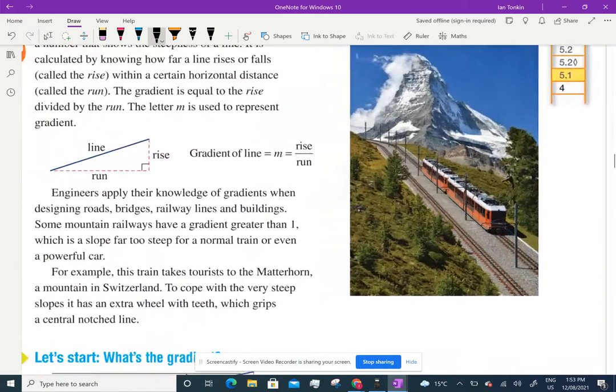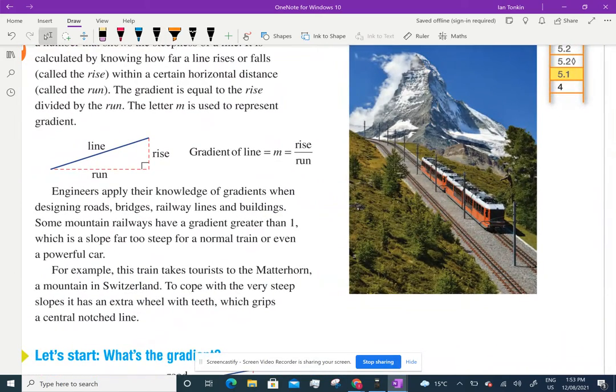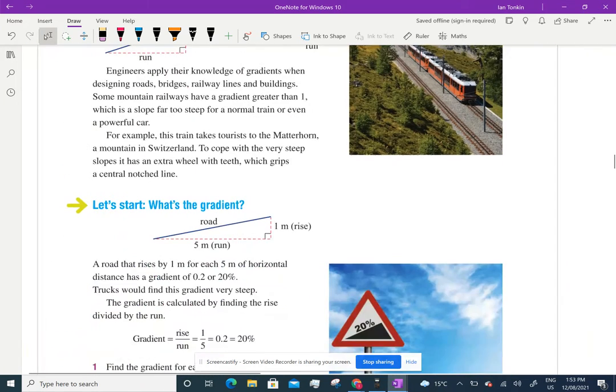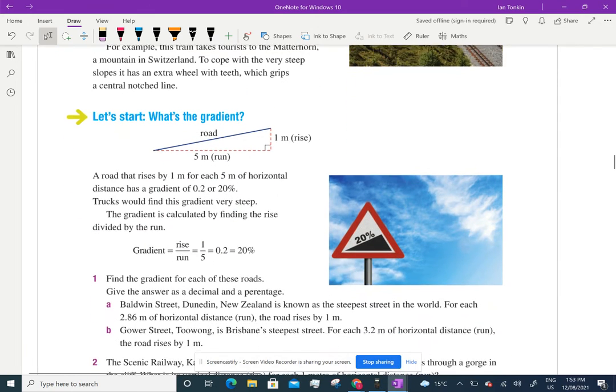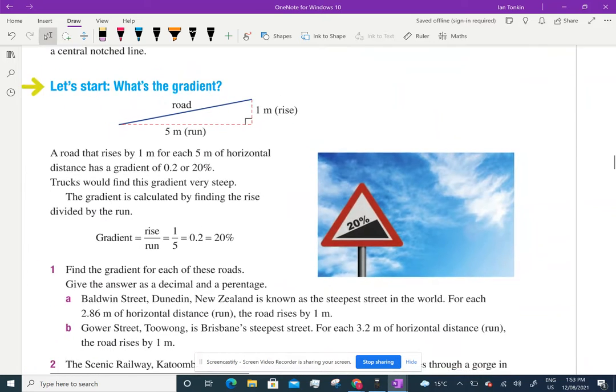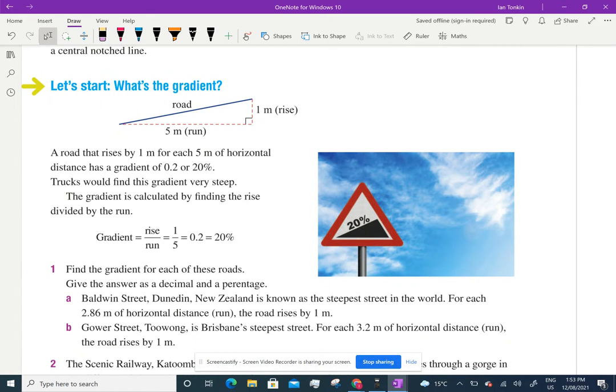So there's our definition of gradient. As you can see over here, they call it the rise over the run. It's used in everything, when you're calculating what percentage of road should go up. And even there's a sign, steep gradient, 20%. When you're going down the mountains, trucks have to use a lower gear because the gradient going down is so steep.